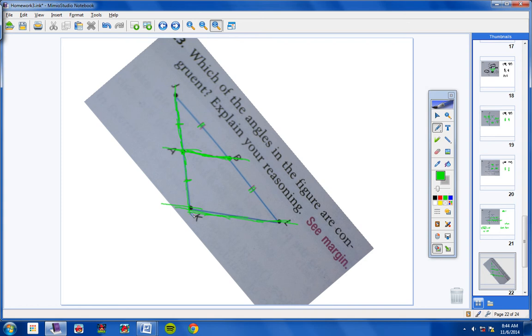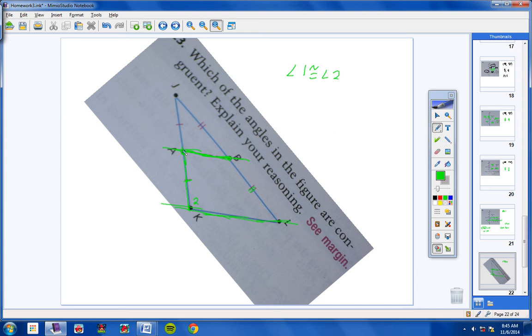So I'm going to use numbers. Numbers are a lot easier. I'm going to say this angle here, number 1, is congruent to this angle here, number 2, because they're corresponding angles, and corresponding angles are always congruent. Angle 1 is congruent to angle 2. Now let me erase this transversal here. Now look at this transversal here, guys.